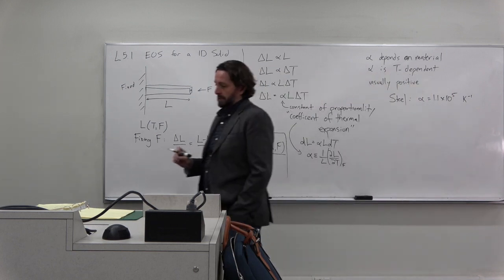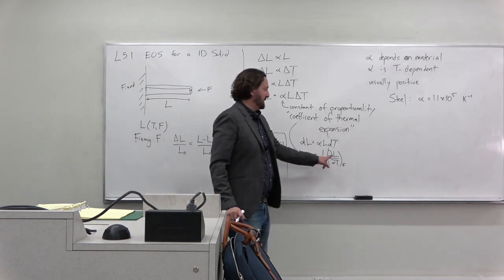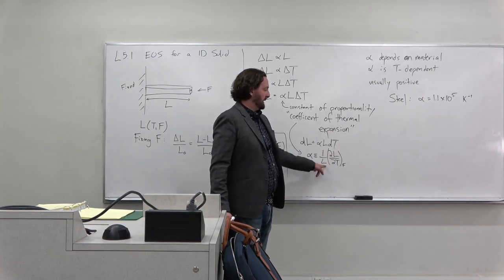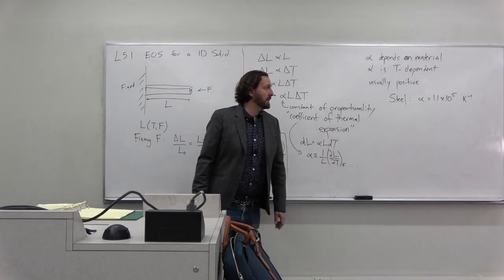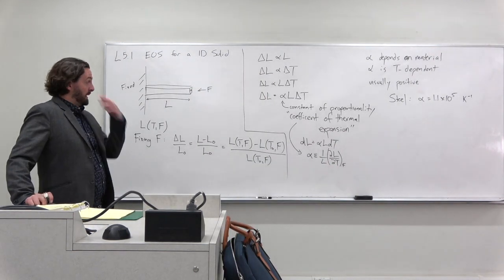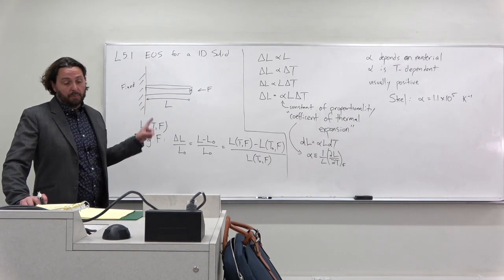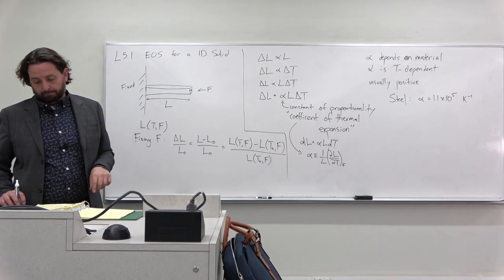All right? So you can see that we have length and temperature, so the units are inverse Kelvin. So 1.1 times 10 to the minus 5 for steel. We're going to use that as an example in class, so you can write that one down and use it in class.